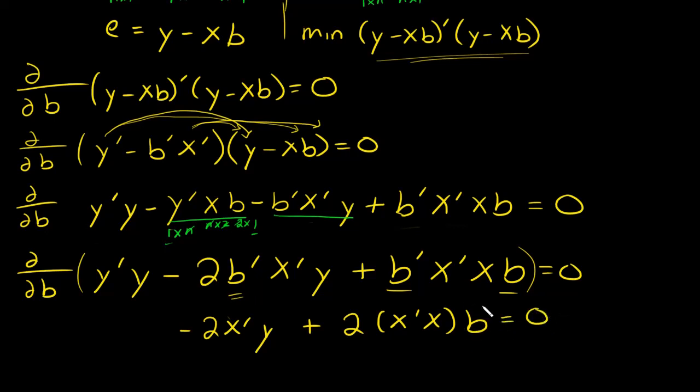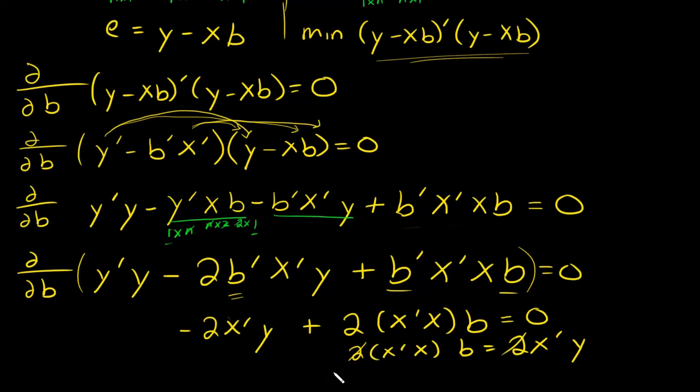Okay, so now all I have to do is solve for b, right? And I can add 2x prime y to both sides. So 2x prime x b equals 2x prime y, right? Divide both sides by 2, so the 2's go away. And then lastly, to get rid of this, you can't just divide by a matrix, right? Remember, these x's are matrices. So what we do instead is we multiply both sides by the inverse of that.